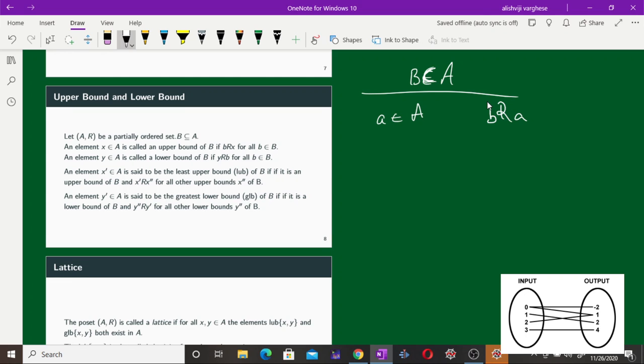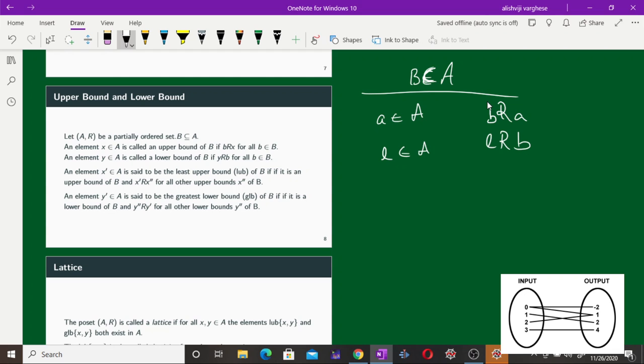If all elements of B are related to a particular element a, then a is called an upper bound. And an element L belonging to A is a lower bound if L is related to all elements of B. In that case, L is called a lower bound.